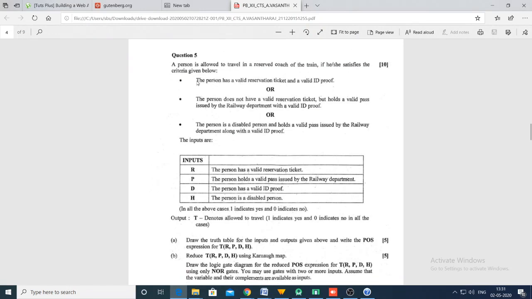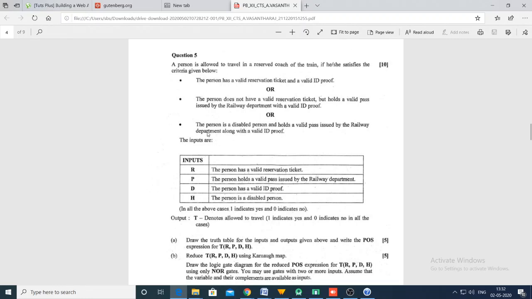Yes, first condition, what is that? The person has a valid reservation ticket and a valid ID proof. This statement is based on how many input variables?